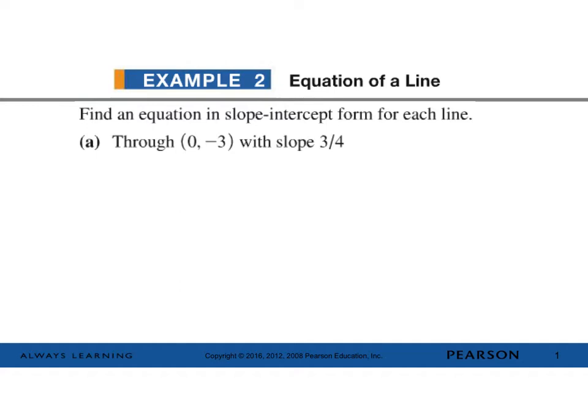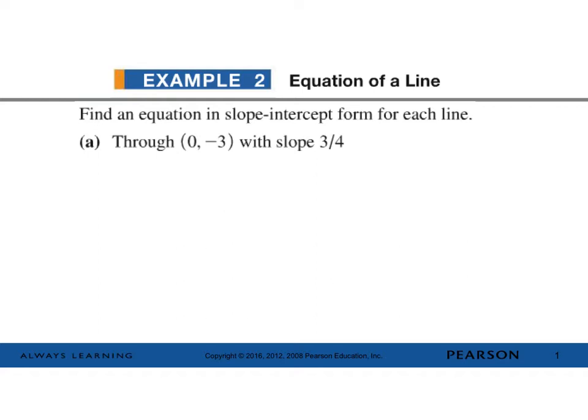Our example says for Part A that we need to find an equation in slope-intercept form for each one of these lines. And the information that we're given for the first one is that it will be through the point 0, -3, and it'll have slope of 3 over 4.